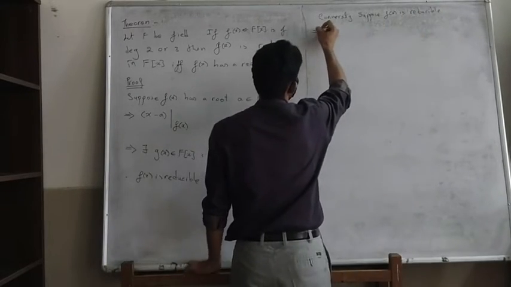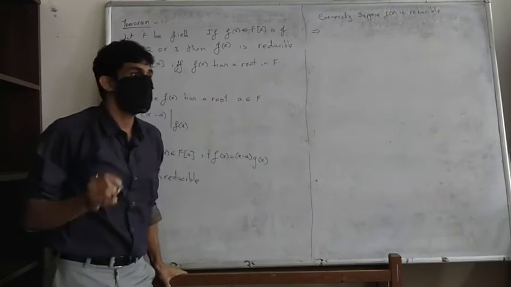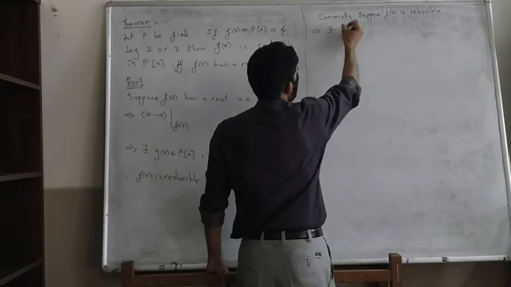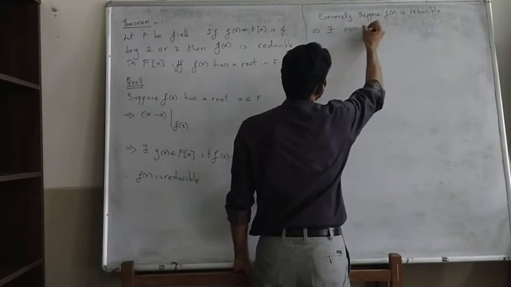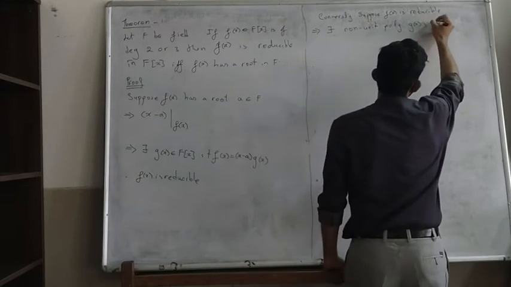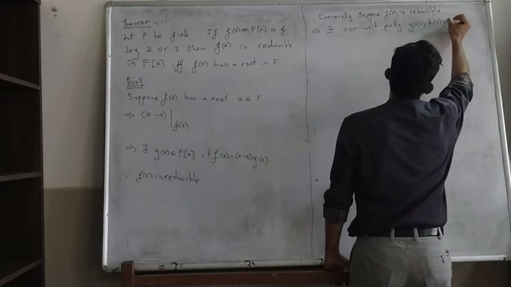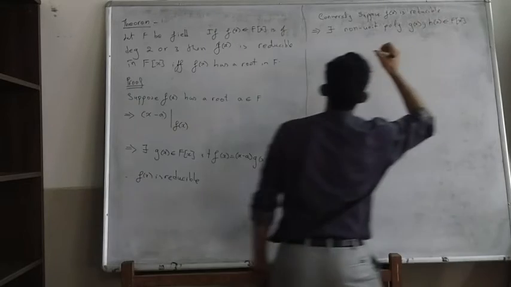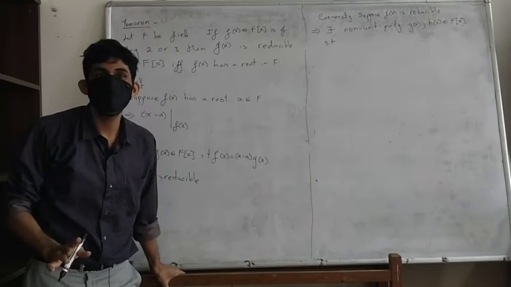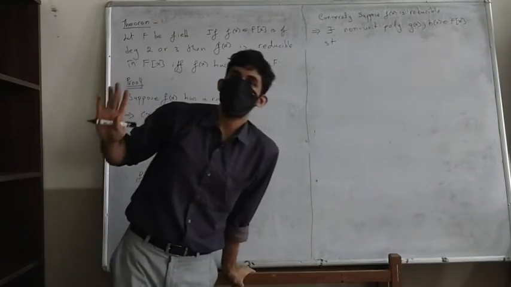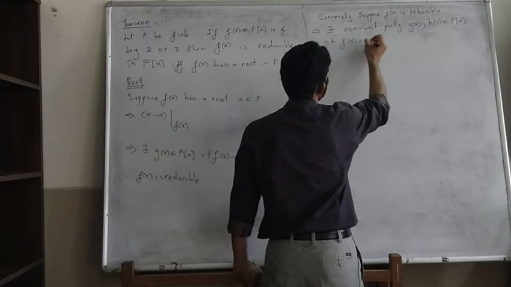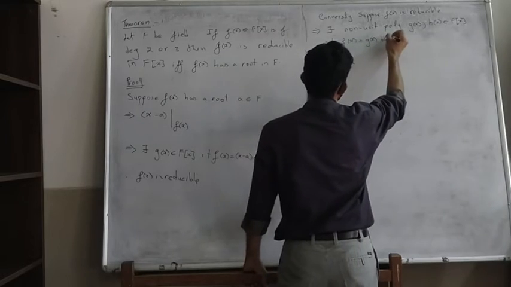If f of x is reducible, it means that you can find non-unit polynomials g of x and h of x. In terms of degree, what is the meaning of non-unit polynomials? The degree is greater than or equal to 1, strictly greater than 0, such that f of x is equal to g of x times h of x.